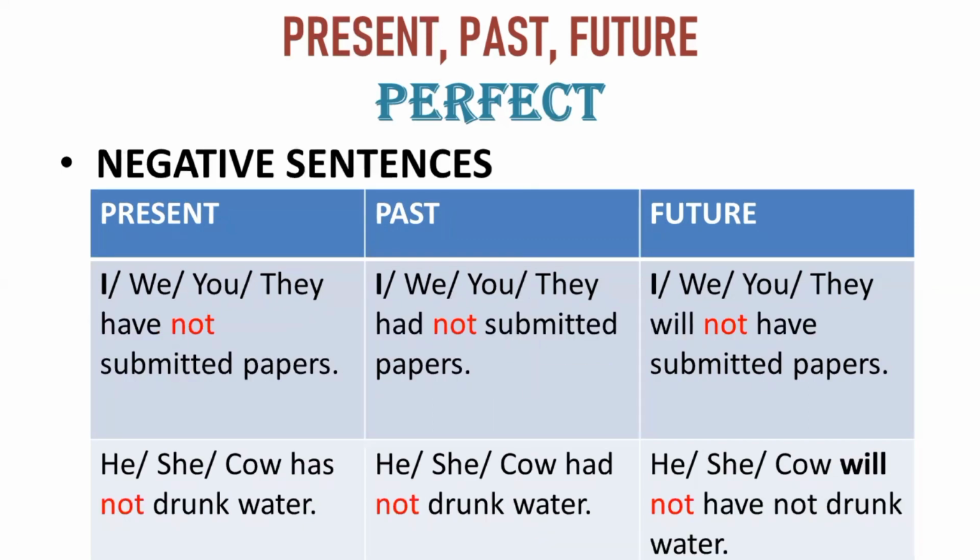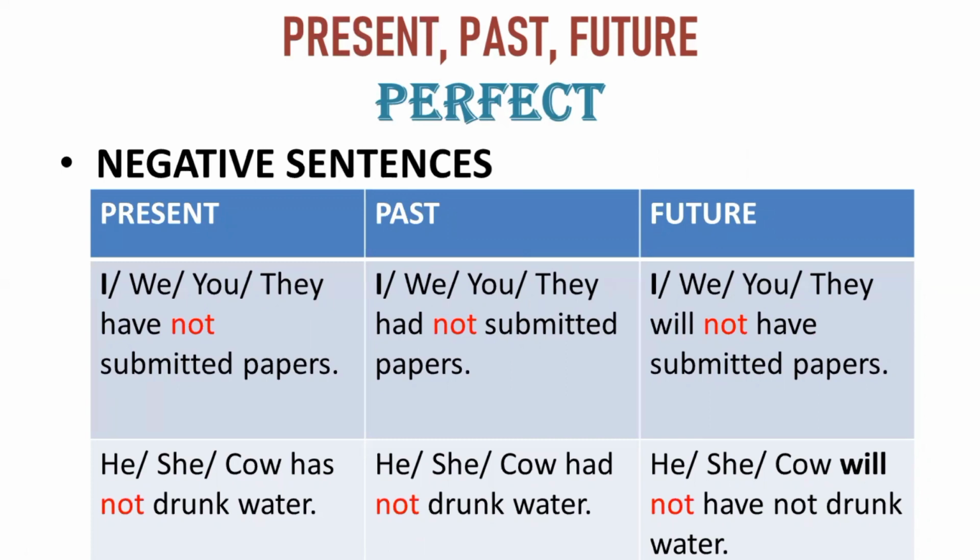Again, like we had already discussed in our previous video, it is easy to form negation in continuous, and same is the case with perfect, that we have just to insert not after helping or auxiliary verbs. So the first example becomes, we have not submitted papers.